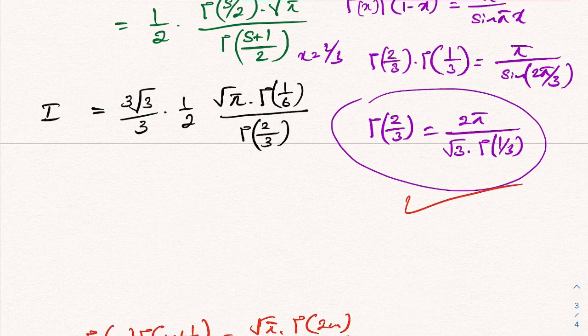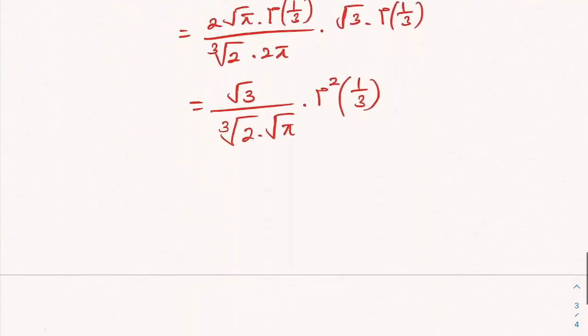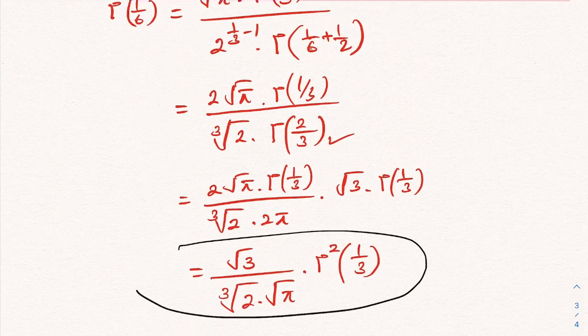So we can plug in here. Now we know I is equal to 3 times square root of 3 over 3 times 1 half the square root of pi, gamma of 1 over 6. We know here we have the value of gamma of 1 over 6.